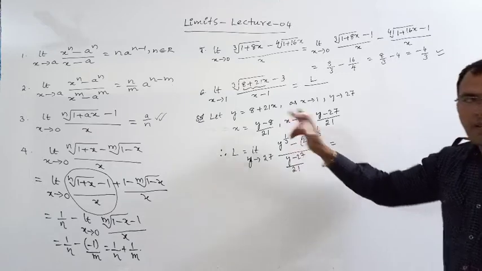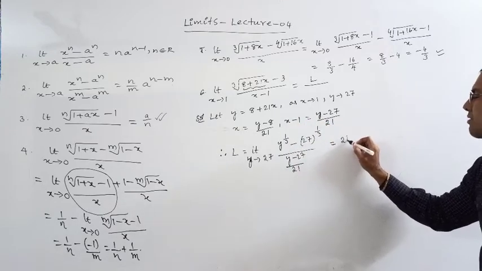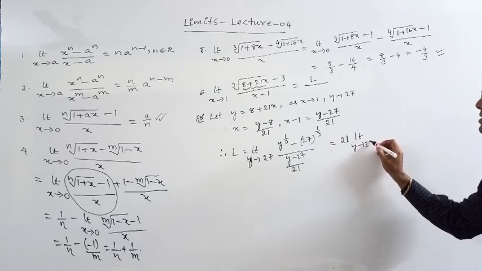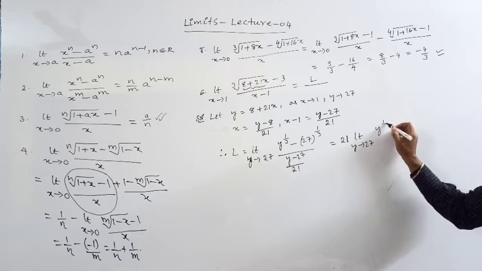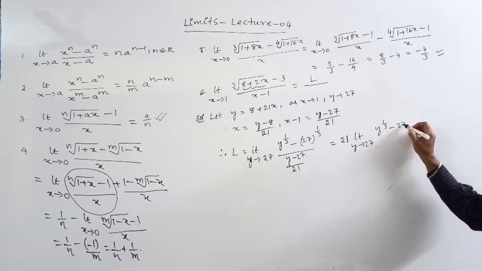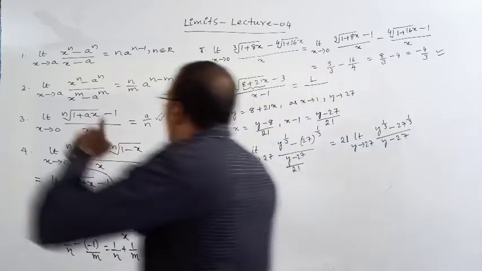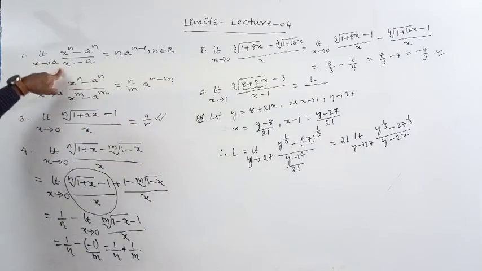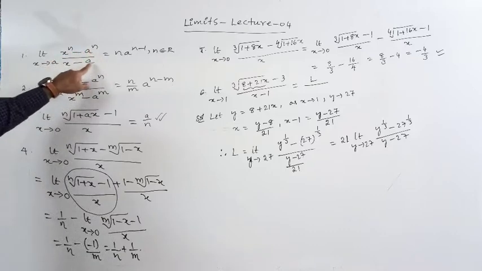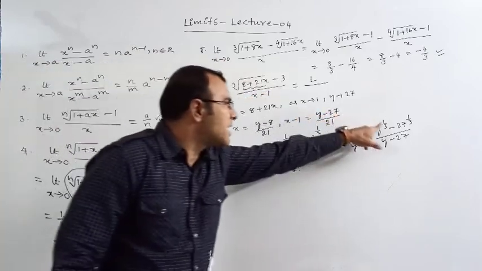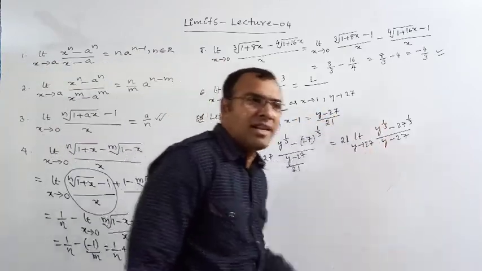So bring this 21 into the numerator. You write 21 here. Limit y tends to 27, (y^(1/3) minus 27^(1/3)) by (y minus 27). Again we got it in the form of the standard formula: limit x tends to a, (x^n minus a^n) by (x minus a) equals n into a to the power of n minus 1. Here n value is 1 by 3, a value is 27.